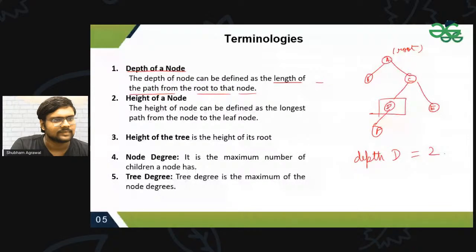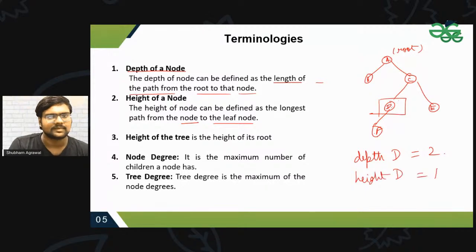And height of the node is defined as the distance from node to leaf. So here D and leaf is F, so the height of D will be 1, because the path length from D to F is 1.